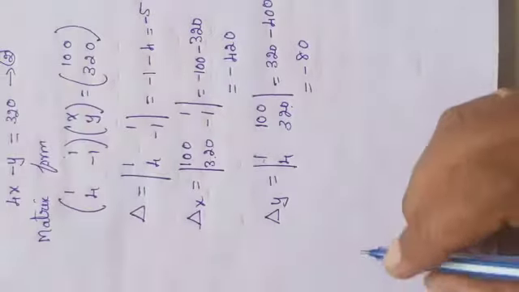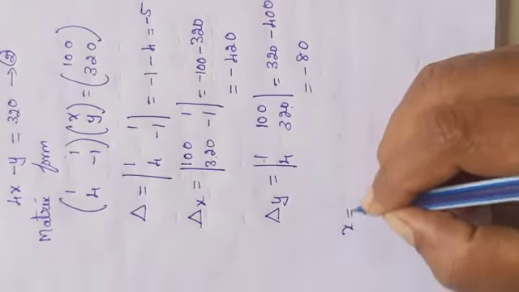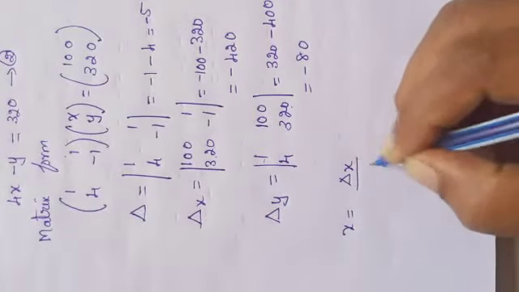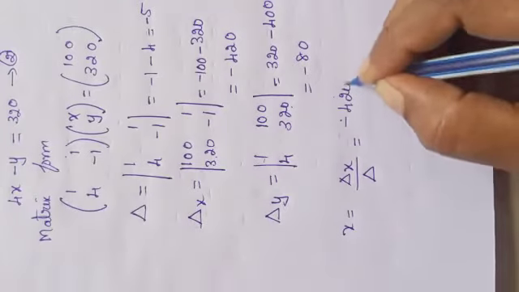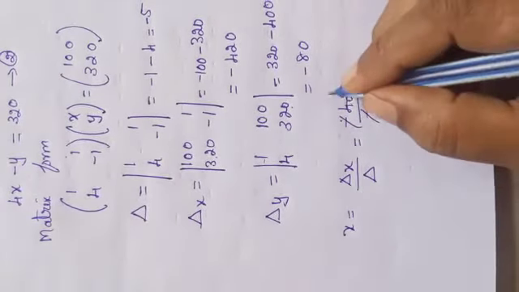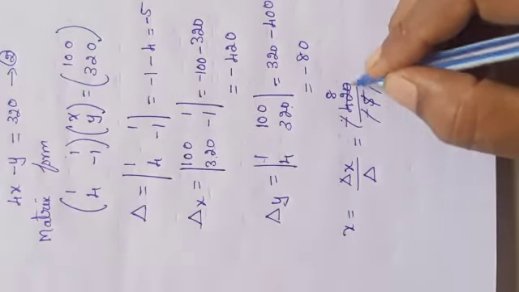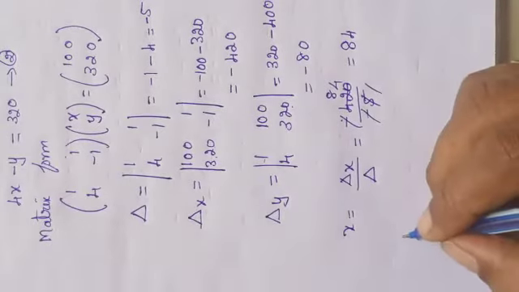Now we can find out what x and y are. x is equal to delta x by delta, that is minus 420 by minus 5, which is 84.